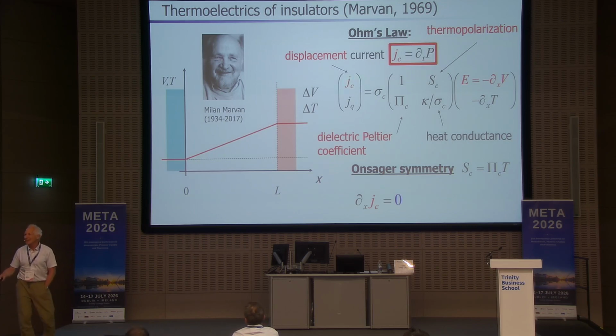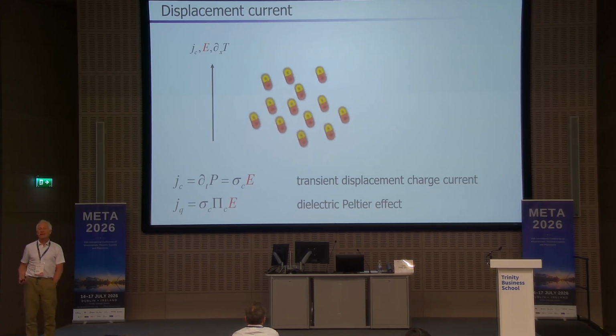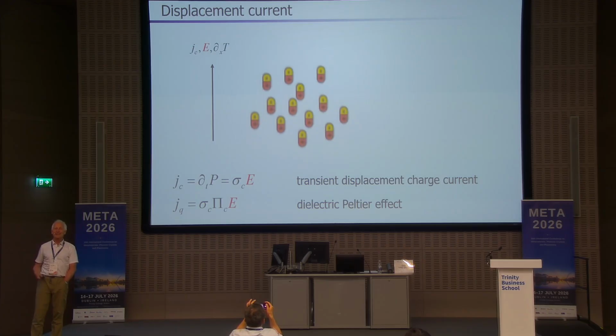Because it's an insulator. So what is this JC? Now, this JC is a so-called shift or displacement current, and I try to indicate it here. So if you have an electric field, then it reorients all the dipoles. Now, this is a transient effect.